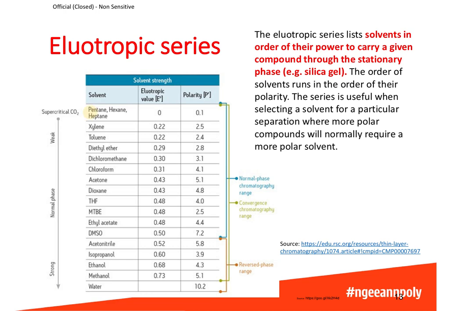For example, you can see pentane, hexane, heptane. These are hydrocarbons which are non-polar. And as you move down the list, we see more polar organic solvents such as diethyl ether, dichloromethane, chloroform, acetone, and up to ethyl acetate and dimethyl sulfoxide or DMSO.